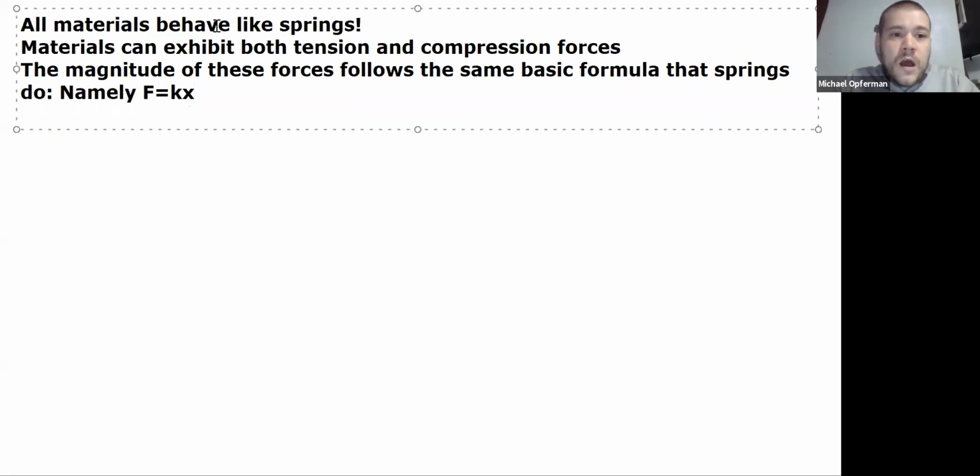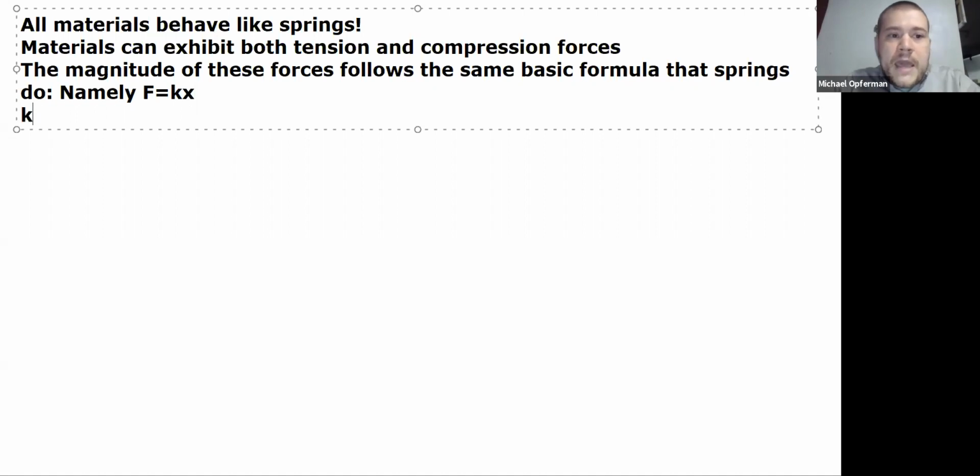First of all, k, the spring constant, is not so convenient for describing real materials because it's much more convenient to have a parameter that depends only on what a material is made of and to be able to explicitly put the size and shape of the material in there.